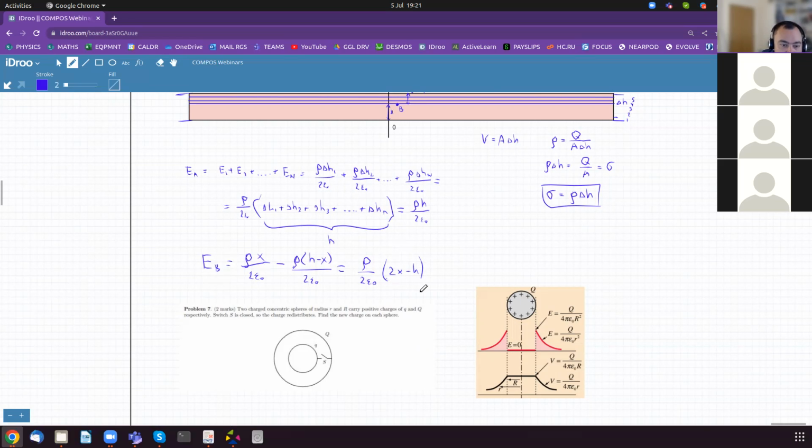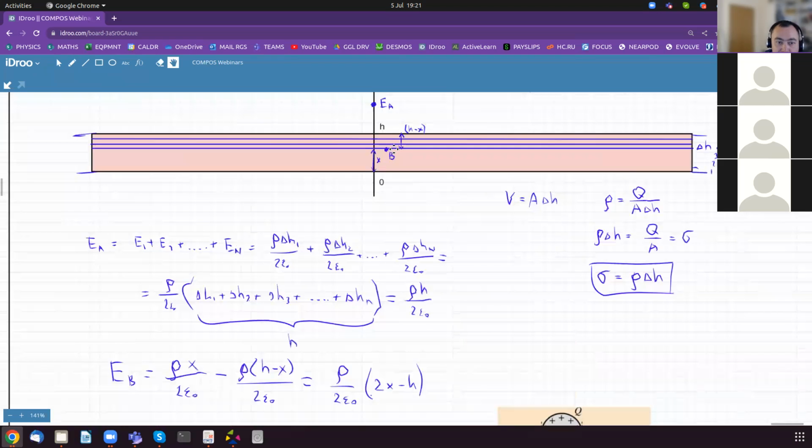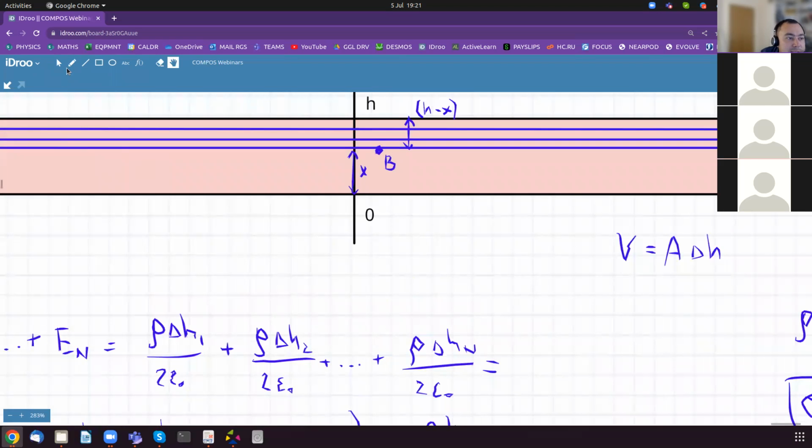And we can perform a sanity check here. Right in the middle of the slab, what do you expect the electric field to be? What's the electric field if the slab is positively charged? Zero.